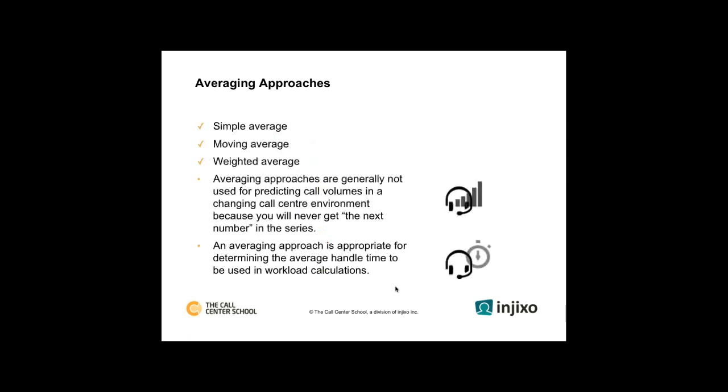So you want to think about, is there a pattern, is there a trend going on, and if there is an upward or a downward trend, an averaging approach is not going to catch that and give you the next number in the series. Now it is appropriate perhaps if you're looking at your average handle time, if there's no trend in the handle time, and there tends to be less of one there, or for even things like shrinkage over time or things like that. So averaging approaches can be used, but probably not the approach you want to use for predicting actual call volume.